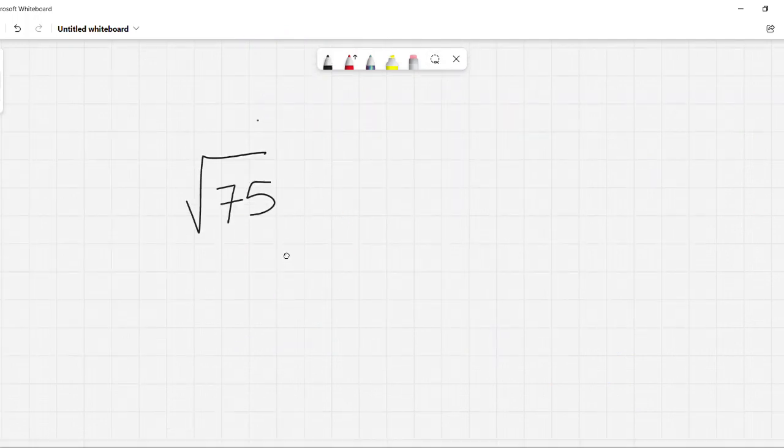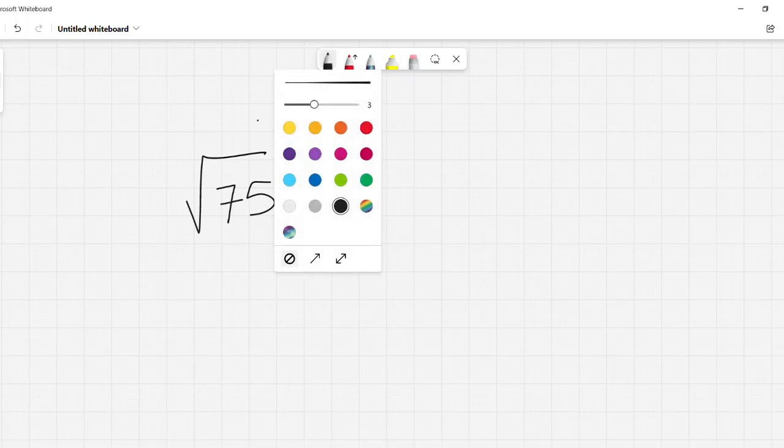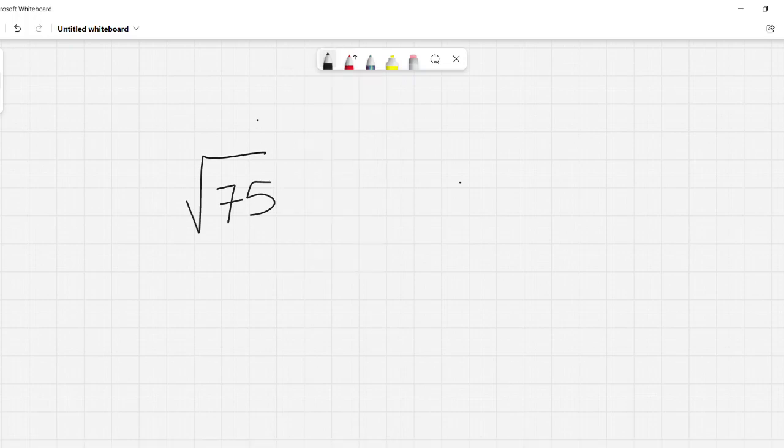This is key. So when you're looking at these, you're going to be trying to find a perfect square inside it, a factor of 75 that is a perfect square. Now me, I look at it and go, what are my perfect squares? 4, that doesn't go into 75. 9, no. 16, no. 25, hey, 5 squared is 25. 25 goes into 75.